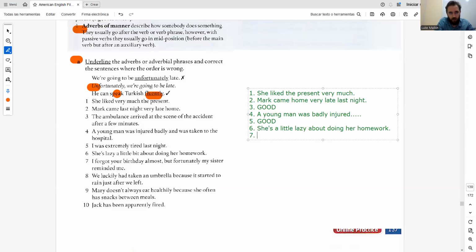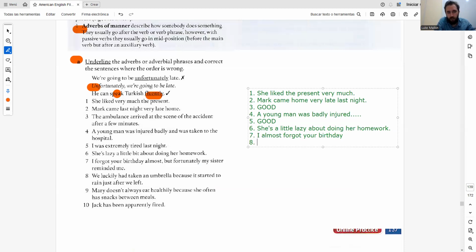Number 7, I forgot your birthday almost, but unfortunately my sister reminded me. This is an adverb of degree, to almost forget something. And so it goes before our verb. So it's, I almost forgot your birthday.